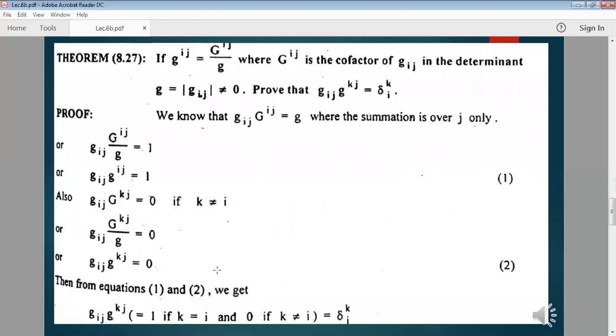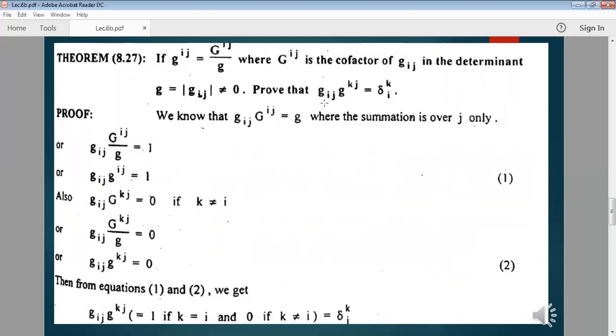Here is a proof which may be a paper question. If g^ij is equal to capital G_ij over g, where g stands for mod g, and capital G_ij is the cofactor of g_ij in the determinant g, which is not equal to 0, prove that g^ij g_kj is equal to delta kj. It is a contraction theorem actually.